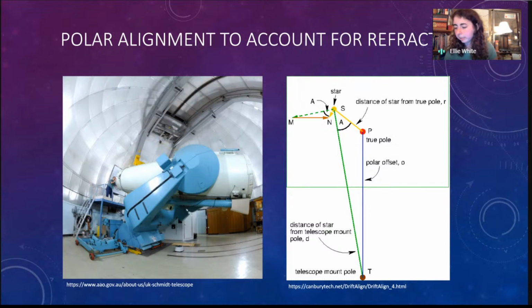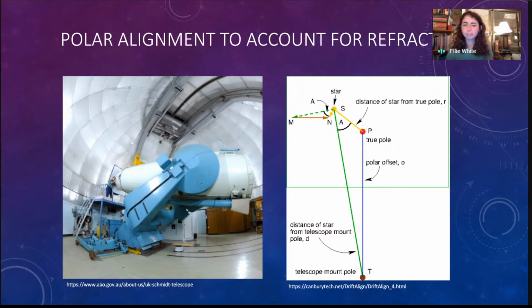This can in principle be reduced by deliberately changing the polar axis alignment to match the field that's being observed, so actually moving the polar axis during an observation. There's at least one telescope that does this, the UK Schmidt 1.2 meter optical telescope in New South Wales, Australia, picture on the left there. It has a motorized jacking system to do exactly that, to update continuously to correct for refraction.